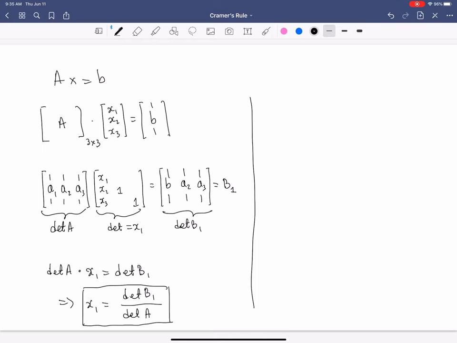So I have the matrix A again, represented through its columns. And now I multiply by a matrix which is obtained from the identity by replacing the second column with x1, x2, x3. And then 1 here.